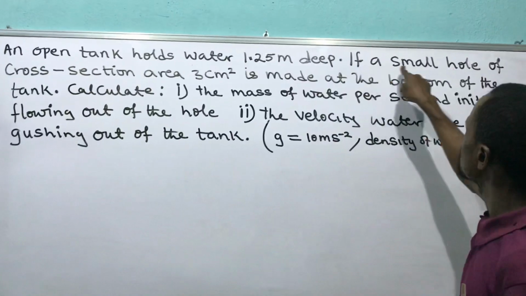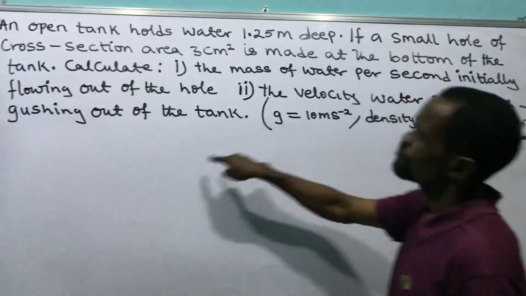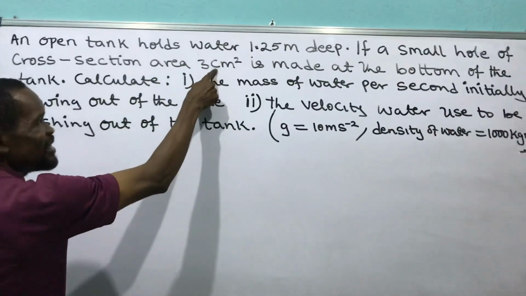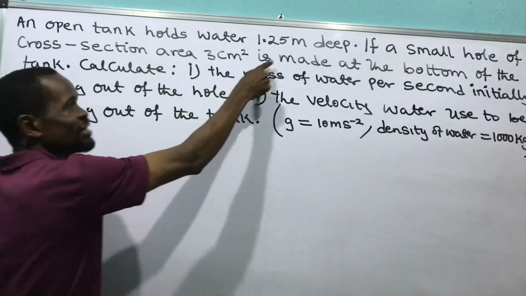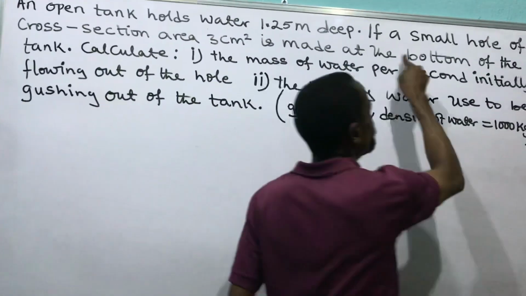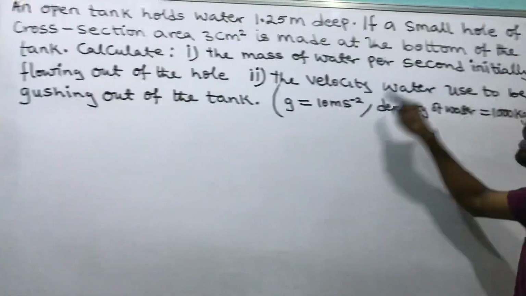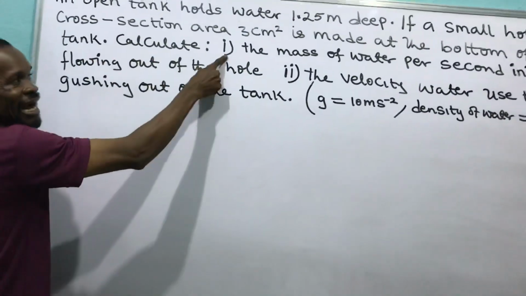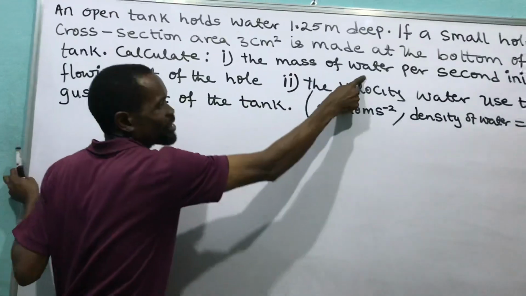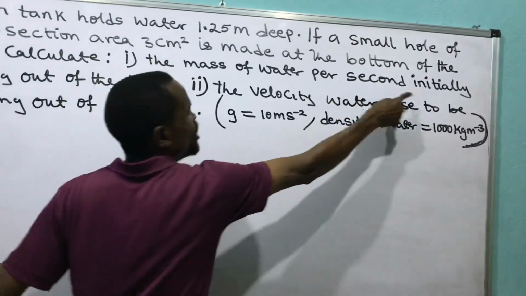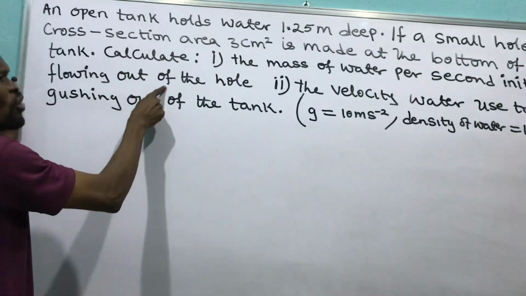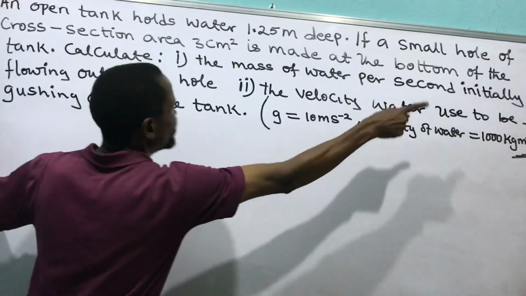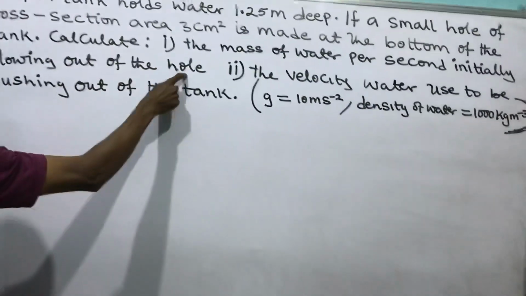If a small hole of cross-sectional area 3 cm squared is made at the bottom of the tank, calculate (i) the mass of water per second initially flowing out of the hole.